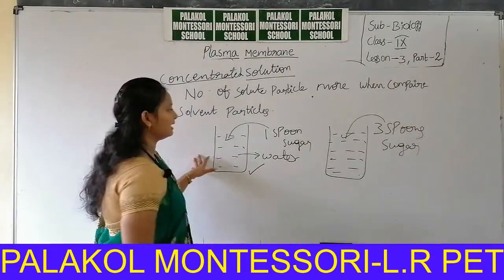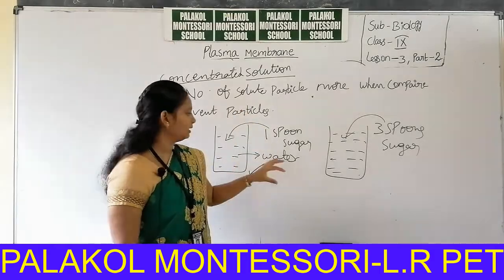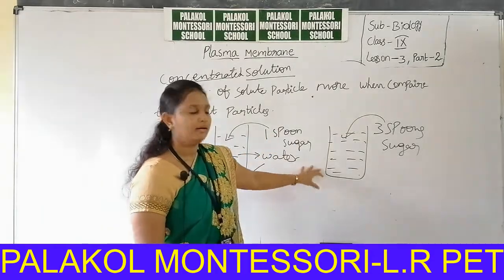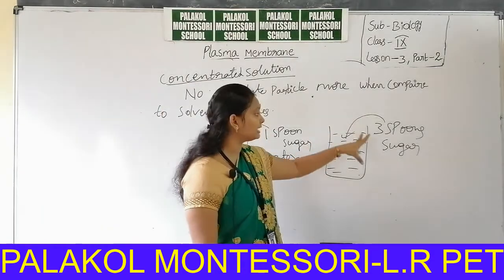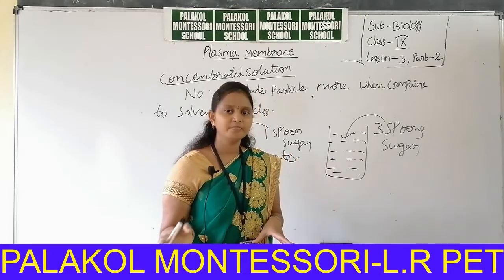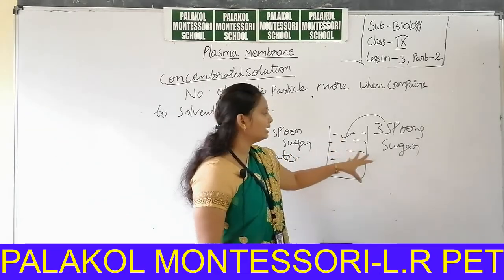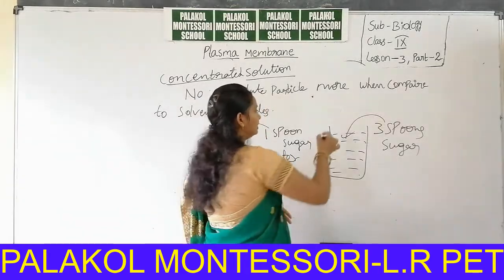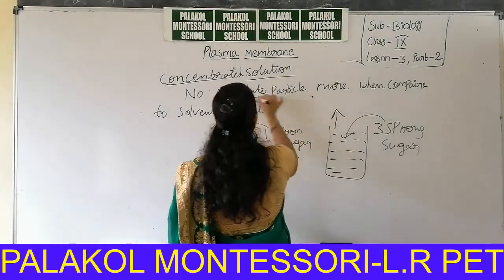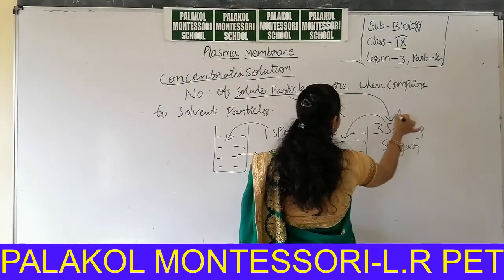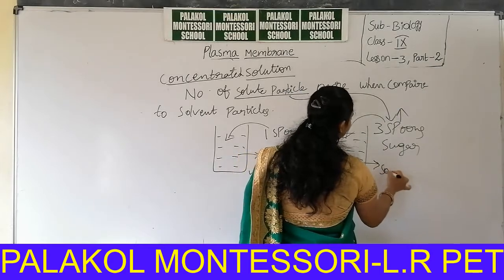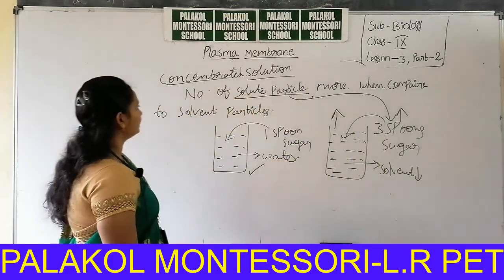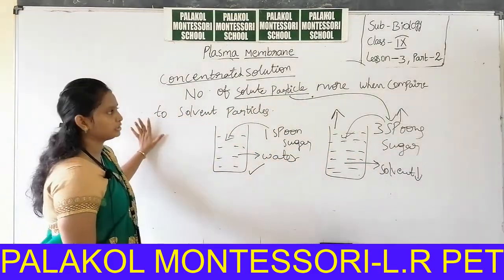In this case, sugar is in a small amount and water is enough to dissolve that sugar. But here, in 1 glass of water, 3 spoons of sugar are overly added, so it is not dissolved completely. In this case, solute is more when compared to the solvent. Solvent is less in number, solute is more in number. That type of solution is called a concentrated solution.